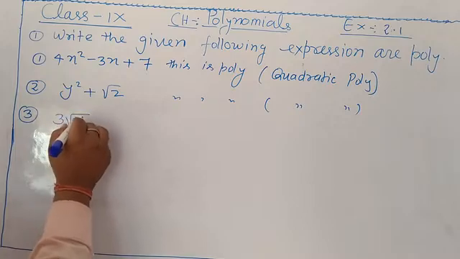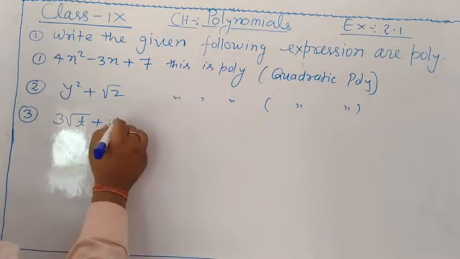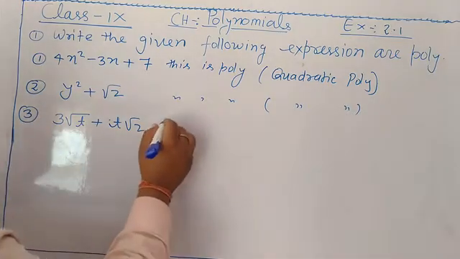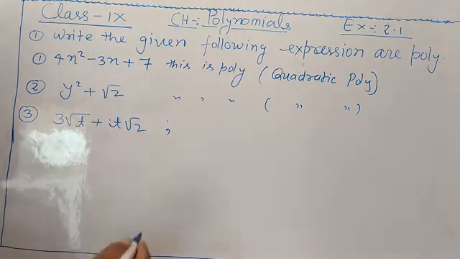3 root t plus t root 2. A polynomial is not defined this way.